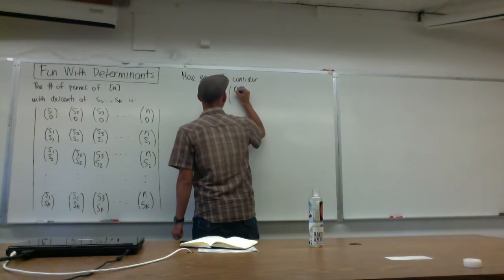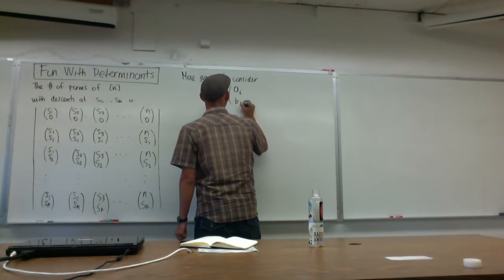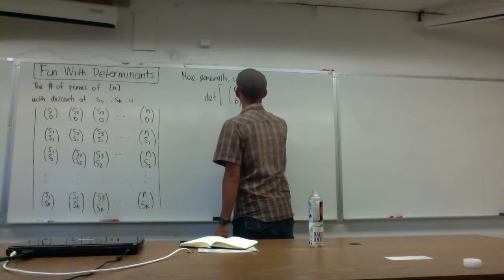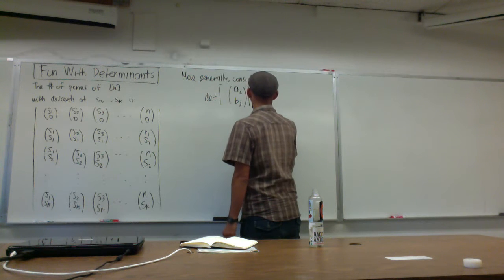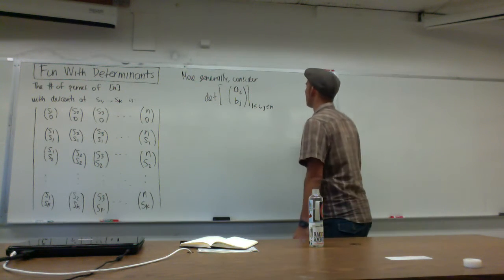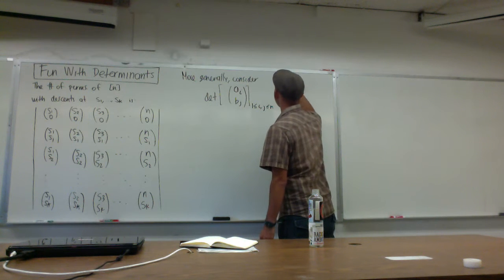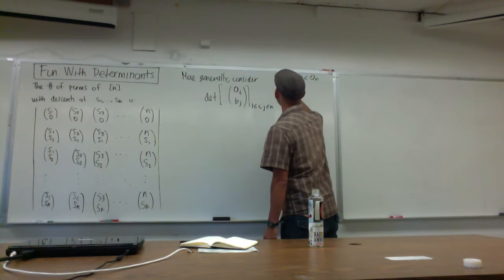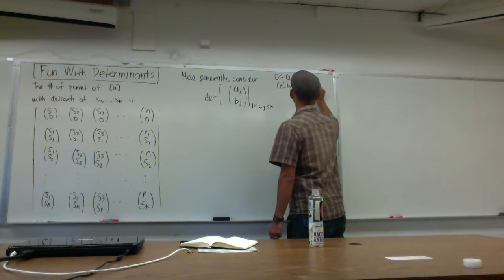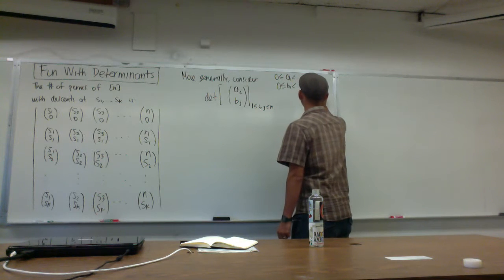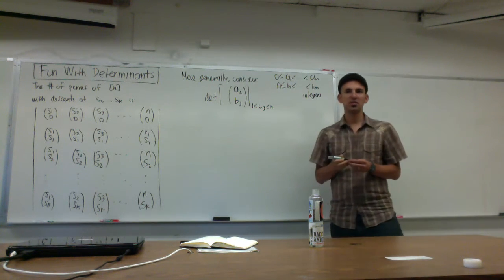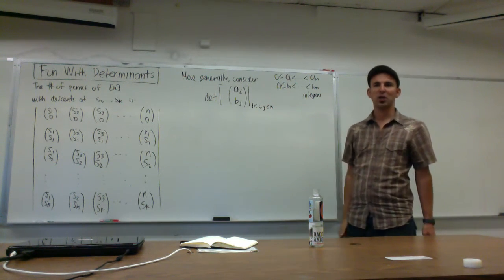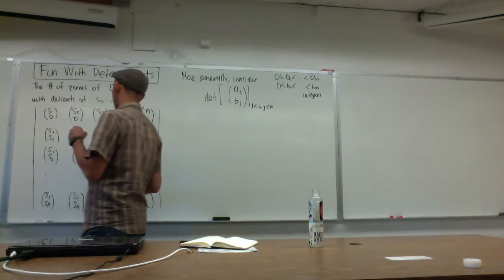And now I'm going to consider the square matrix where the ij entry is ai choose bj. So here these are any integers. Okay, I have some increasing list of integers, and then I just make a table of binomial coefficients just like I did here.